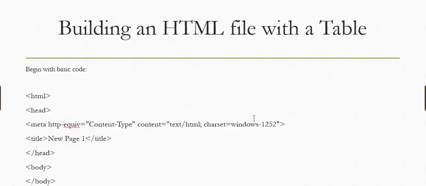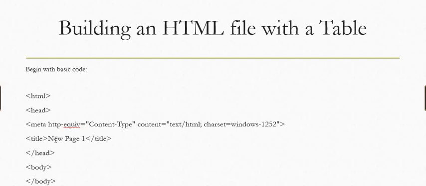So what do we need in order to start building an HTML file with a table? First, we need to start with some basic code. We have our open HTML, and down at the bottom of this slide, we close out our HTML so that everything is within our HTML file. We also have our header tag and our close header tag.